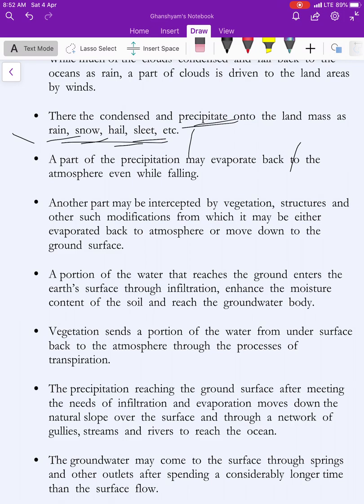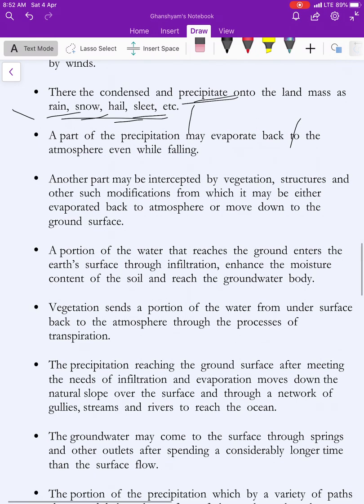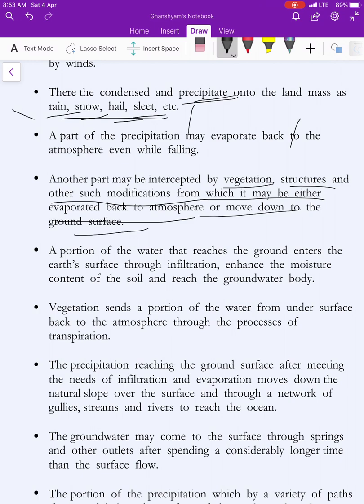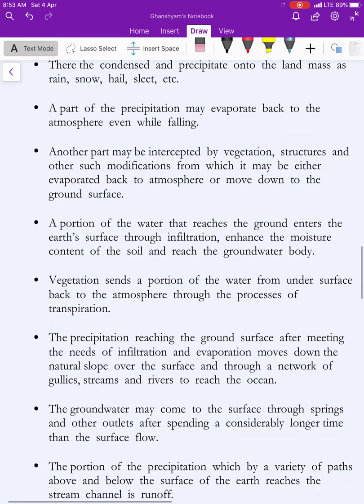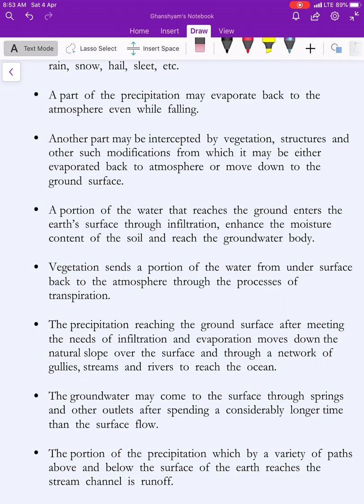So it will not come to the earth surface, and another part may be intercepted by vegetation, structures, and other such modifications, from which it may either be evaporated back to the atmosphere or moved down to the ground surface. What I'm trying to say is, let's say 1 liter of water is evaporated into the atmosphere, it is not like the whole 1 liter is going to come back.